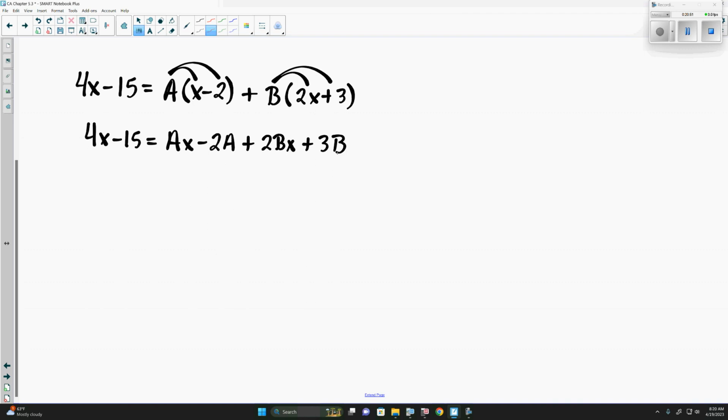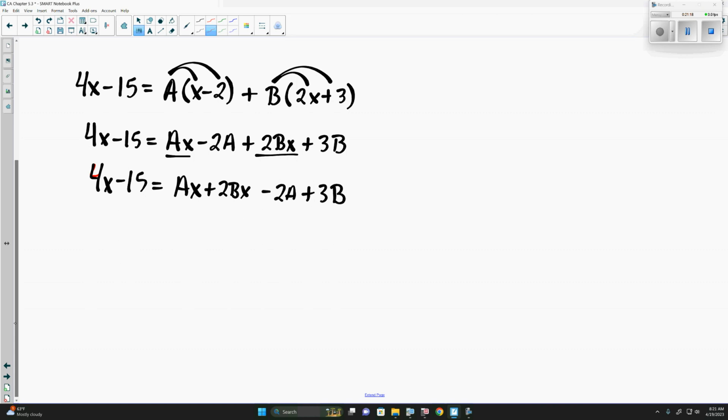Now I'm going to rearrange the right-hand side because we have 4x minus 15 is equal to, I'm going to put the x's together. ax plus 2bx. And we also have negative 2a plus 3b. Any questions on how we got to this point here?